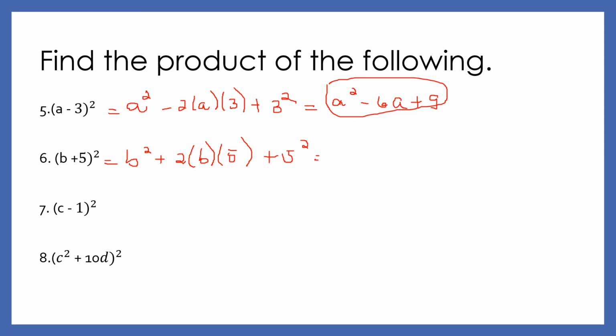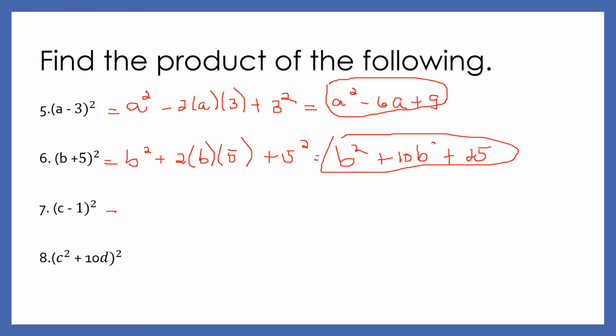So we have b squared plus 2 times 5 is 10b, plus 5 times 5 is 25. Alright, that's it. Next, c minus 1.